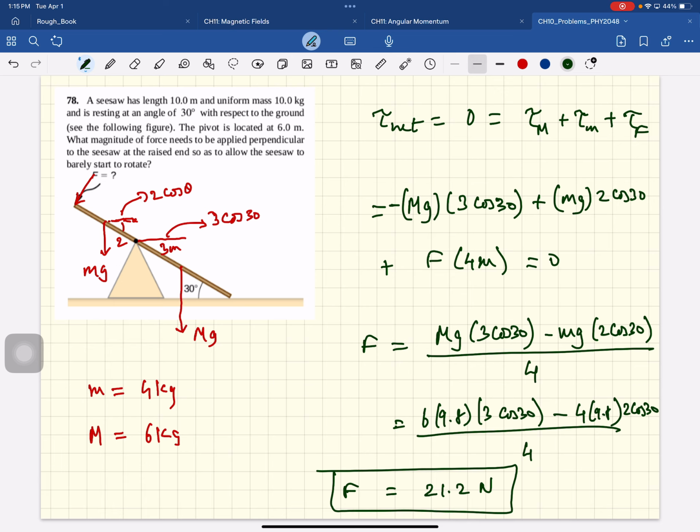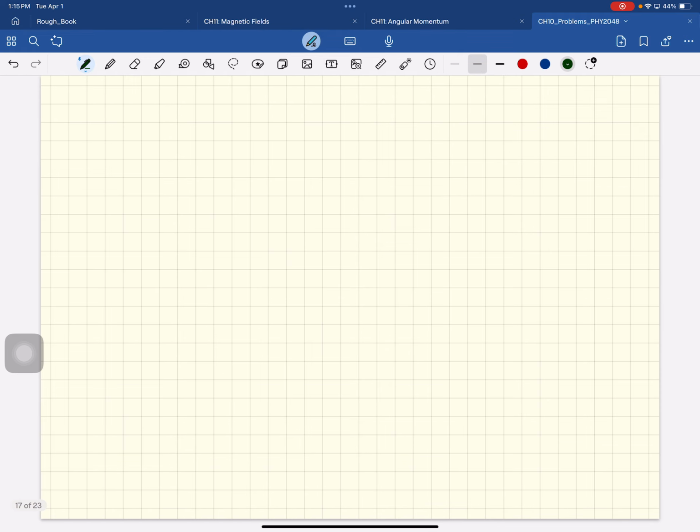So the force you need to apply is 21.2 newtons. All right, we'll stop here.